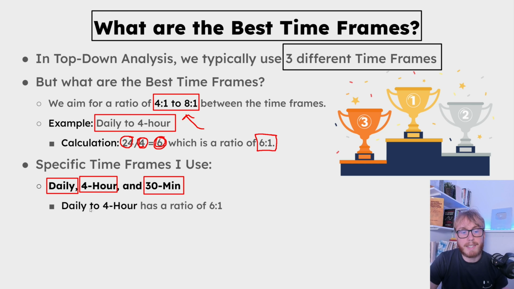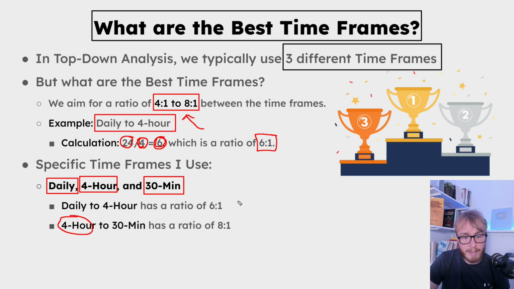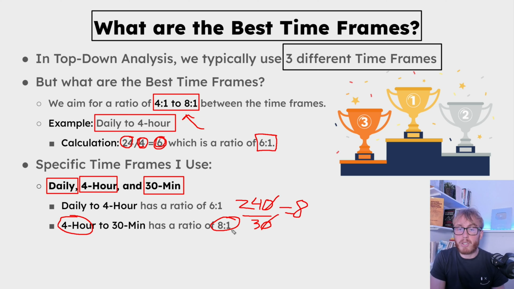Well, as I said, the daily to 4 hour has a ratio of 6:1, and the 4 hour to 30 minutes has a ratio of 8:1. So for example, 4 hours is 240 minutes, right? If you divide this by 30, the zeros cancel out and we get 8. So here we have an 8:1 ratio between the 4 hour and 30-minute time frame.